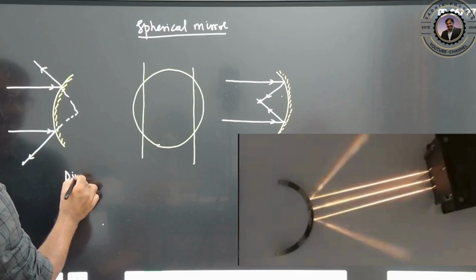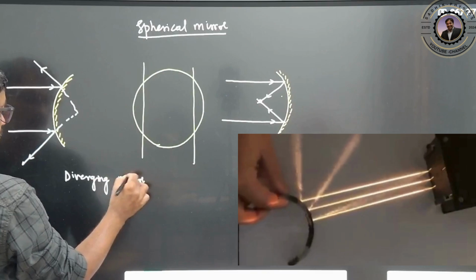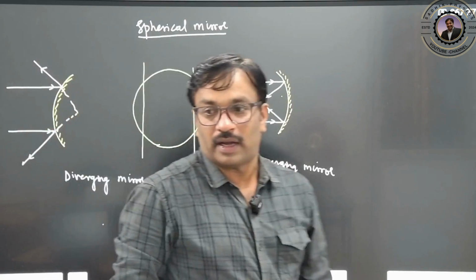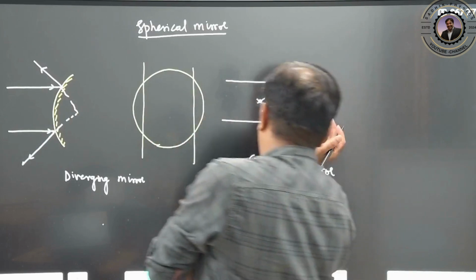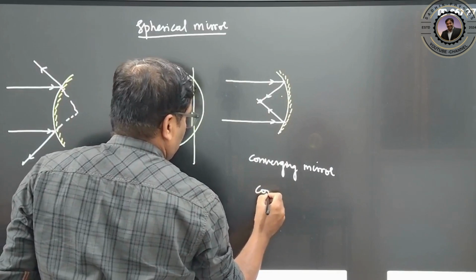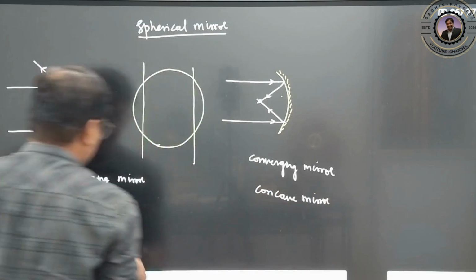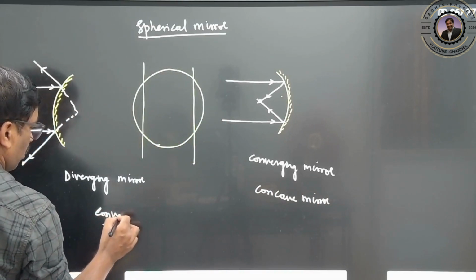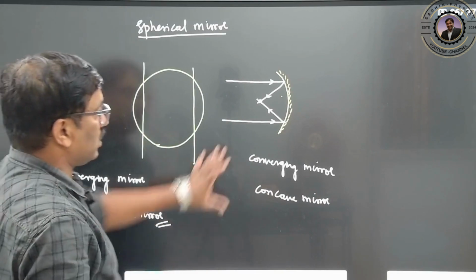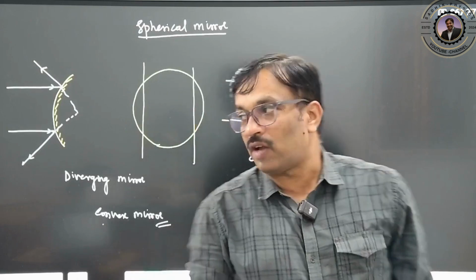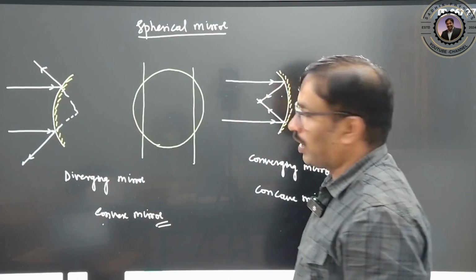That's why you can call it a diverging mirror. Because of this shape, we write this as a concave mirror, and this type of mirror is said to be a convex mirror.